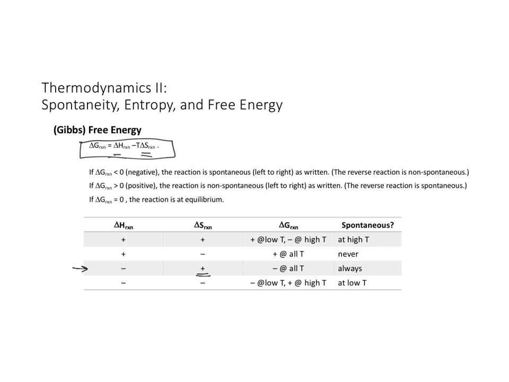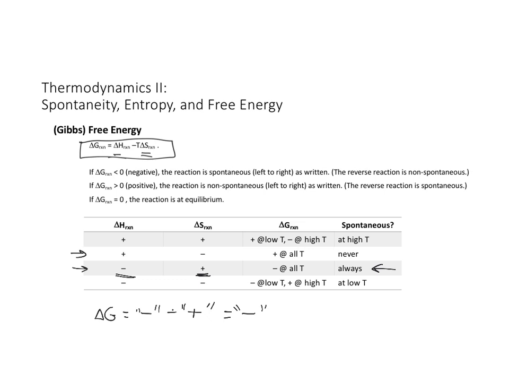Mathematically, that means delta G is going to be a negative minus a positive. That is always negative, regardless of what the temperature is. So an exothermic reaction that has a positive entropy change is always spontaneous.